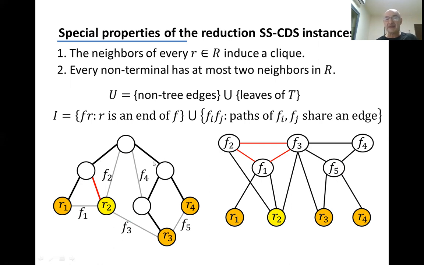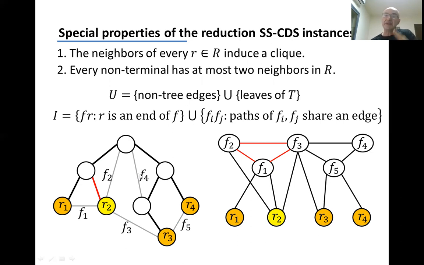On the other hand, the edge F1 connects two leaves of the tree, and therefore, the corresponding non-terminal F1 in the reduction graph is connected to two terminals, which are R1 and R2, but more than two is not possible, because any edge in the block tree augmentation instance can connect at most two leaves.